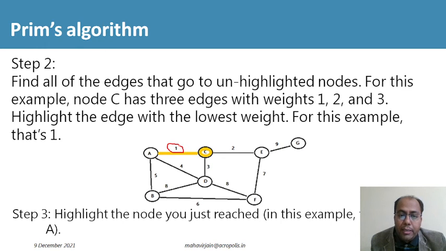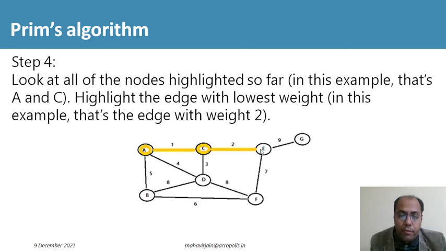The second is that we will connect C to E, because it has the minimum weight. As you can see from the figure, we have connected C to E. Now we have multiple choices again.